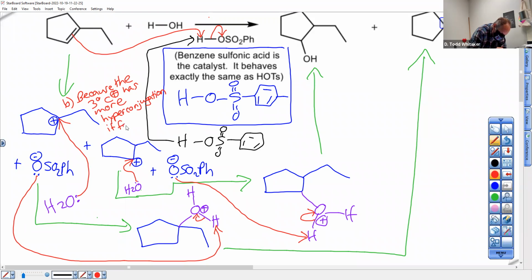It forms faster. And just to be clear, this one's tertiary, this one's secondary. So I need you to compare the carbocations, tell me which one's best, and tell me that it forms faster.